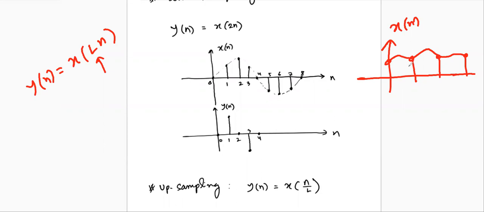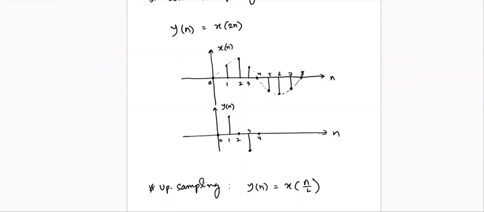Then you can skip some data and preserve some data to understand the overall scenario of the signal. Of course, it will give you some advantage. That means your transmission line can carry more data from other sources.